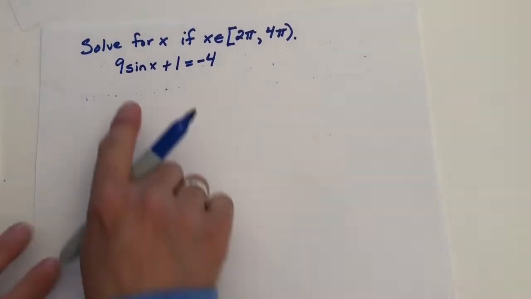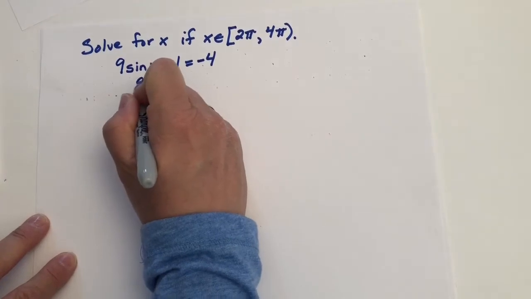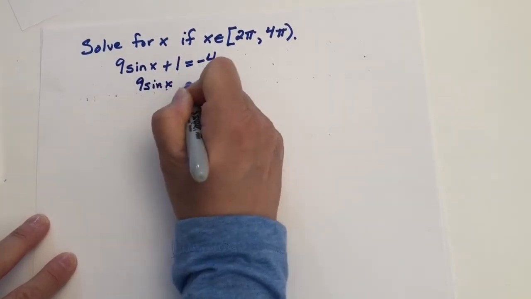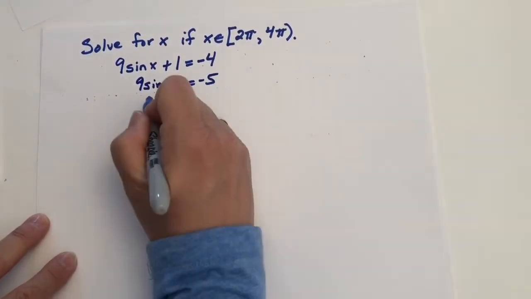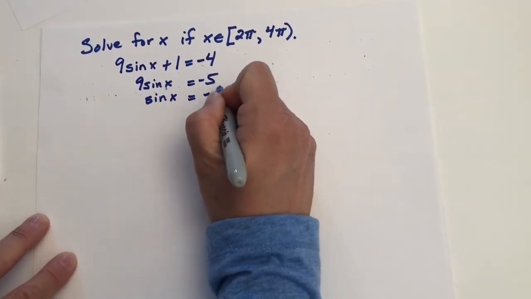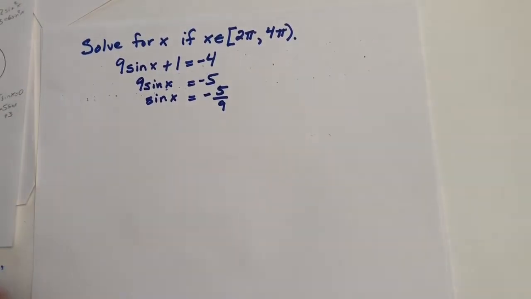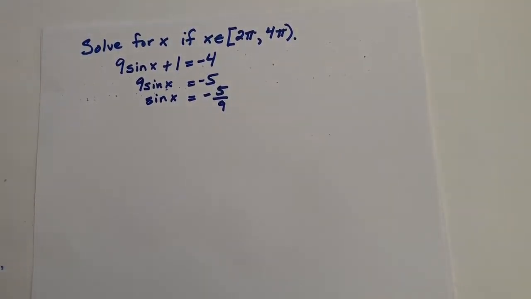So let's solve for sine of x first. So we have 9 sine x equals -5. Divide by 9, and we have the sine of x equals -5/9. And now we grab our calculator so we can find our reference angle or reference number since it's in radians.